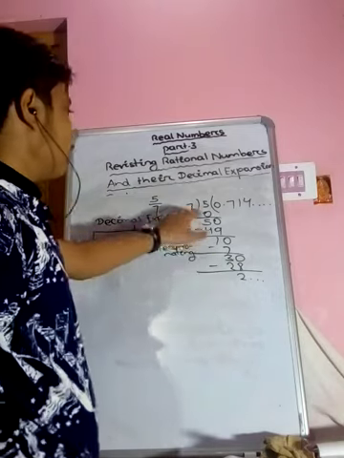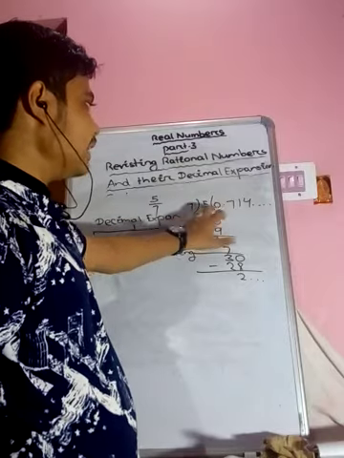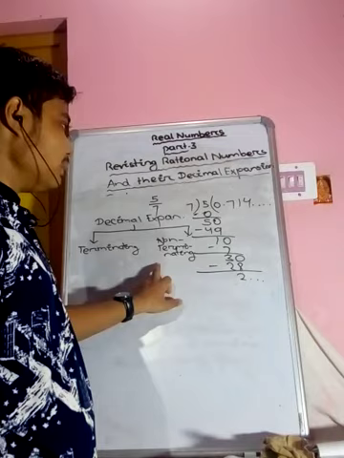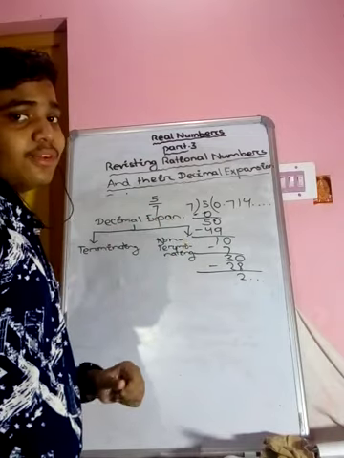In the example of 5 by 7 that I divided, it goes on infinitely, so this is known as a non-terminating decimal expansion of a rational number.